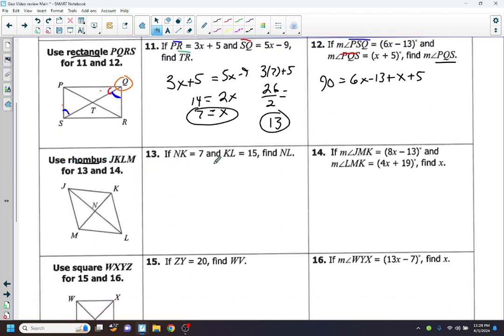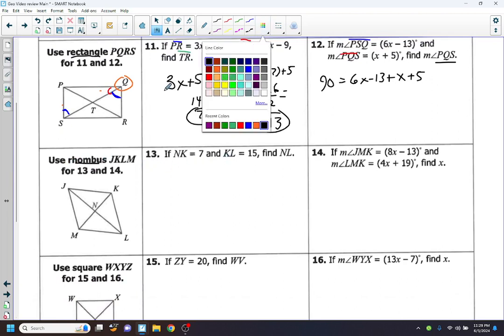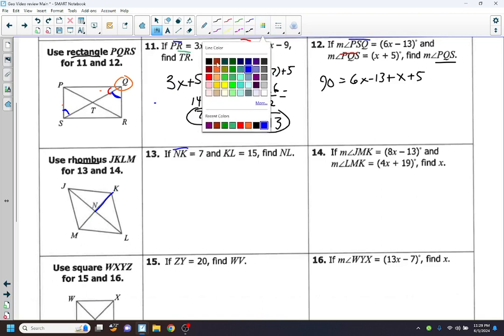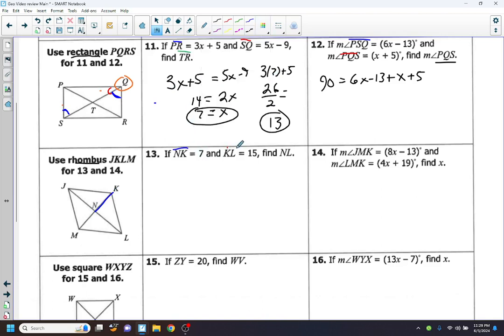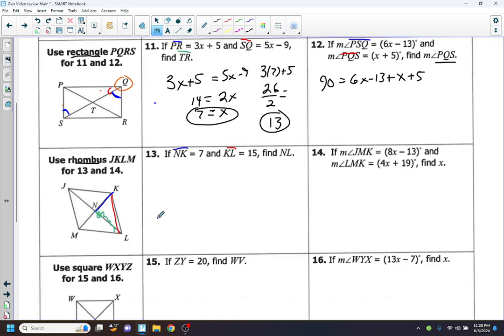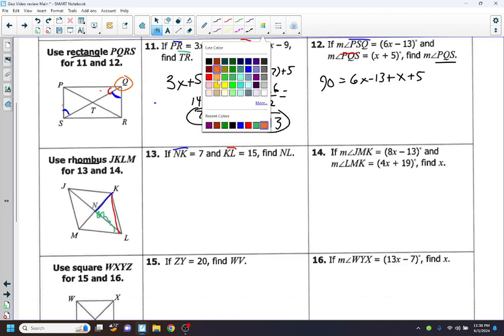This one is a rhombus. If NK, so this line, is 7, and KL, this line over here, is 15. Find NL. So find this line. Now this is a funny one.